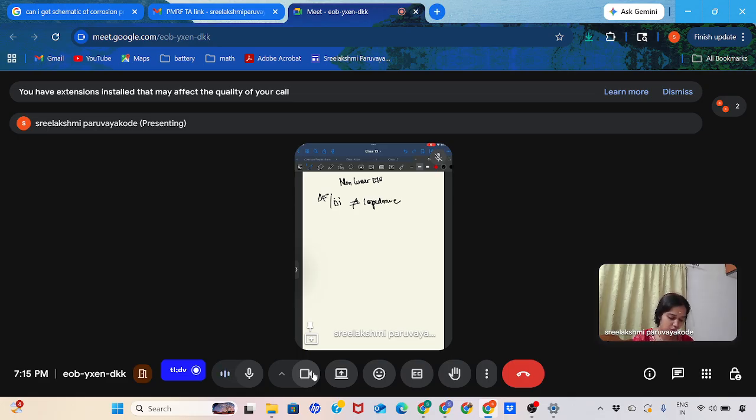In this case you can use Taylor, Bessel, or any numerical method. For example, y equal to 2 plus 5x is linear. I can say y equal to 4 plus 3x cube is non-linear.